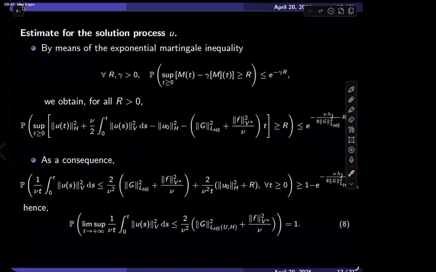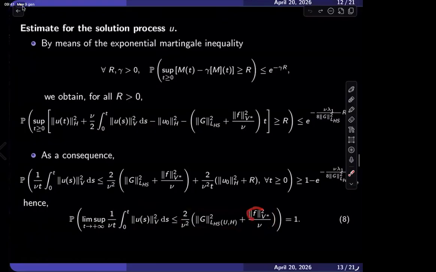So what you proved is that almost surely, when time goes to infinity, you have a control of the growth of the H1 norm of the solution in terms of the forcing terms that appear in your equation, the deterministic forcing term and the stochastic forcing term.